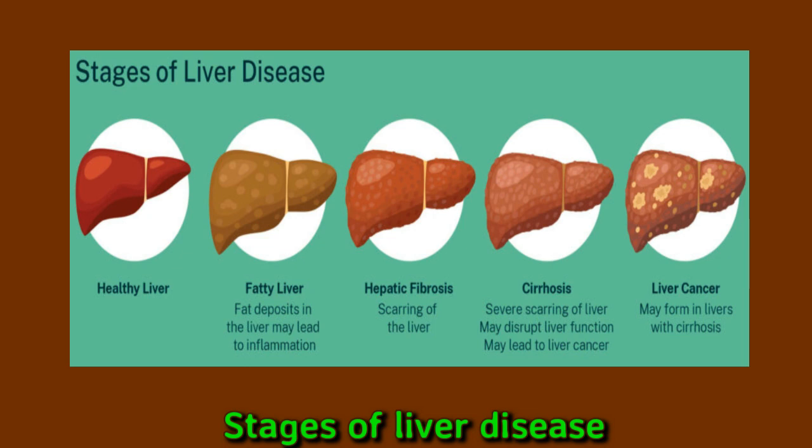As scar tissue begins to build up, the liver may not function as well as it previously did. Additionally, the scar tissue can stop blood from flowing through the liver. If a person seeks medical attention and treatment at this stage, there is still a possibility that the liver will be able to heal.